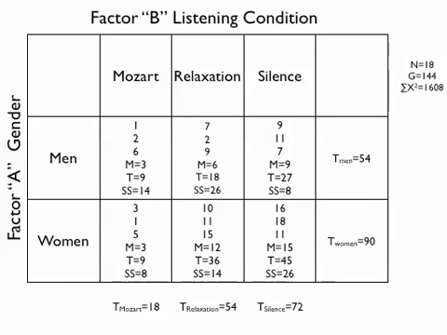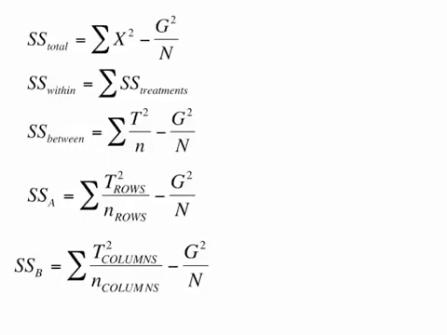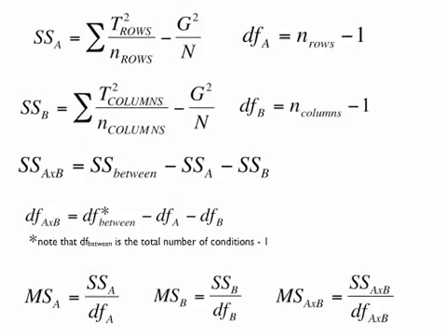All 6 of these cells, so for this first one, men listening to Mozart would be 9 squared over the number of scores, which is 3, plus the men in relaxation, 18 squared over the number of scores, which is 3, plus 27 squared over 3 scores, plus the women Mozart, that's 9 squared over 3, 36 squared over 3, 45 squared over 3, and you sum all those up to get SS between. Then you subtract sum of squares A and sum of squares B, and what you're left with is the interaction sum of squares.